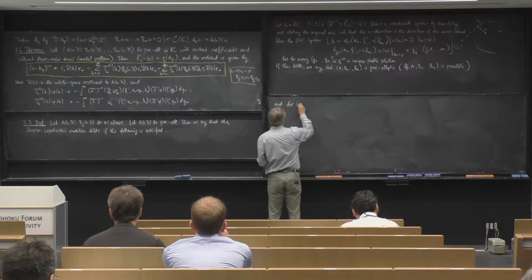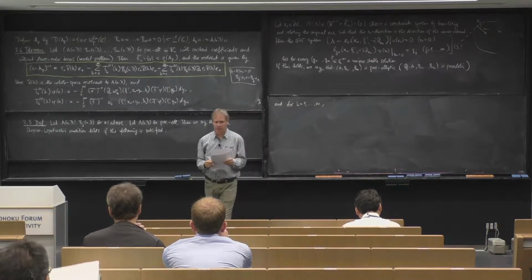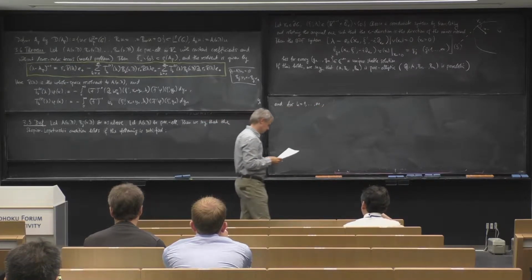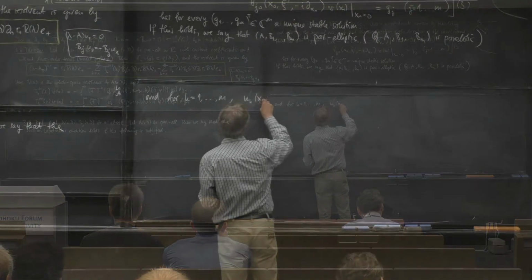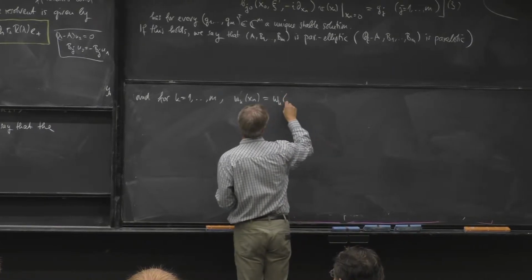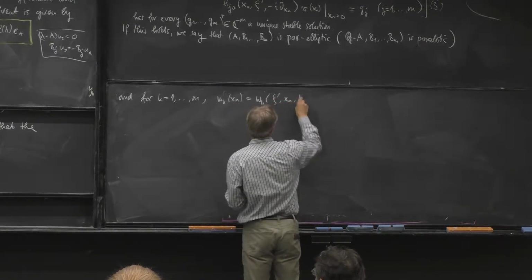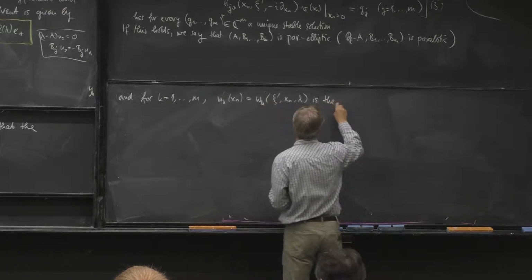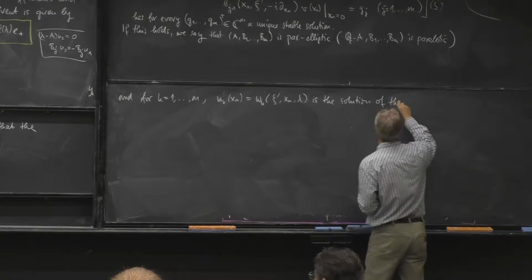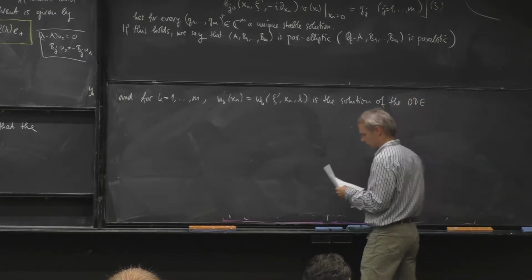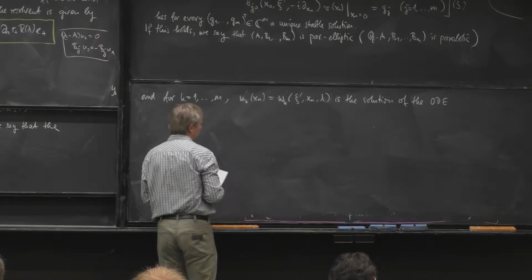For k from 1 to m, this wk is the fundamental solution of the ODE. Wk of xn, wk of psi prime xn lambda is the solution of the ODE which appears in the Shapiro-Lopatinsky condition.